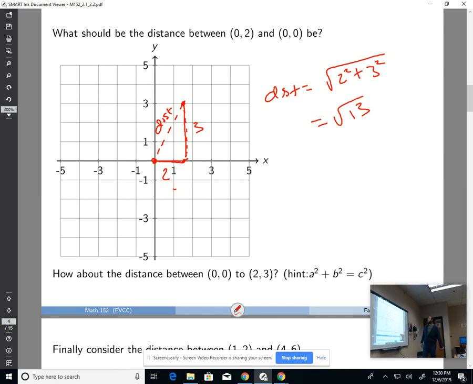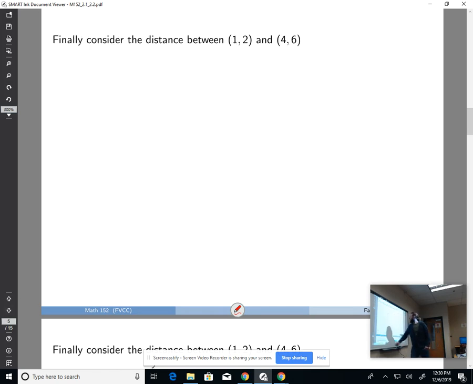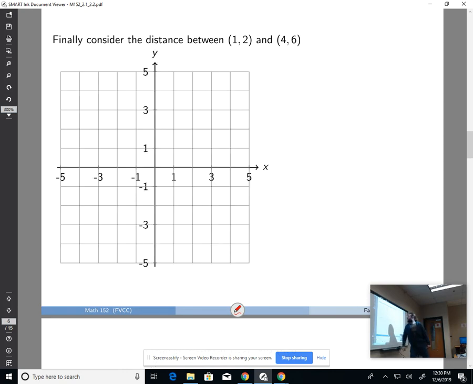All right, so now the last is what's between two general points. Something like finding the distance between (1, 2) and (4, 6). Here, 1 and 2, and then 4 and 6. I went a little short, but that's okay, because in math it doesn't have to be perfect, no matter what they told you.